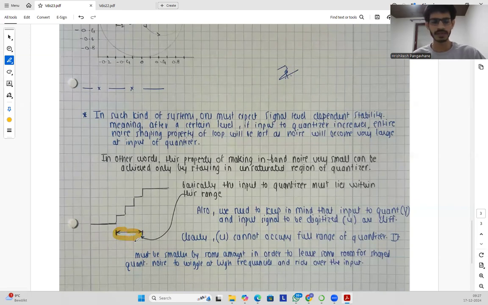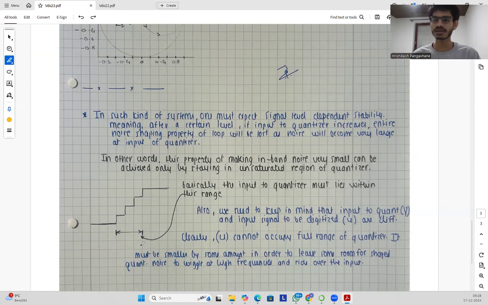And also, we need to keep in mind that the input to the quantizer, which is Y, and the input signal which is to be digitized, which is U, are different. Clearly, you cannot occupy the full range of the quantizer, because U must be smaller by some amount to leave some room for the shaped quantization noise.